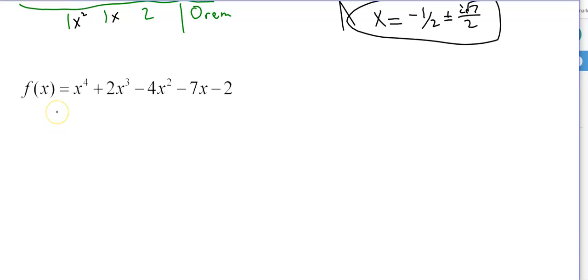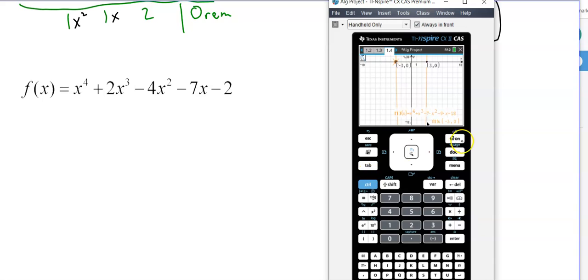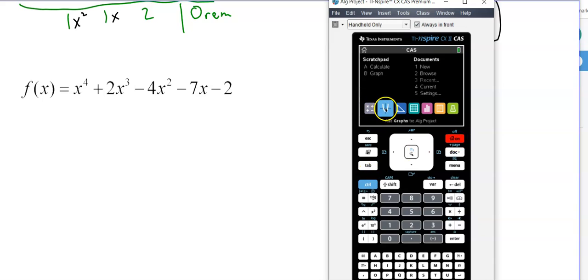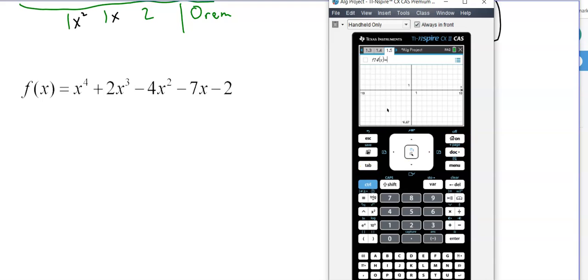Let's try this one. Let's look at the graph first, right? We've got to get our first two, maybe. I'm hoping there'll be two nice rational solutions for the graph. In fact, I'm almost banking on it. X to the fourth plus 2x to the third minus 4x squared minus 7x minus 2. Whoops. Same problem I had last time. Must have hit the wrong key.